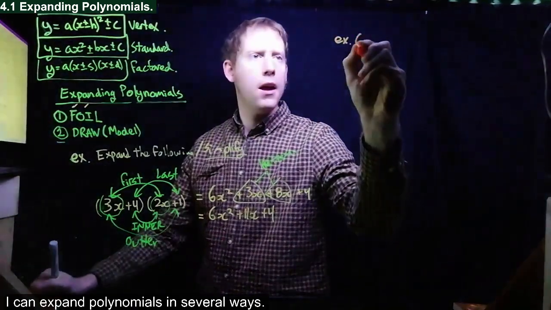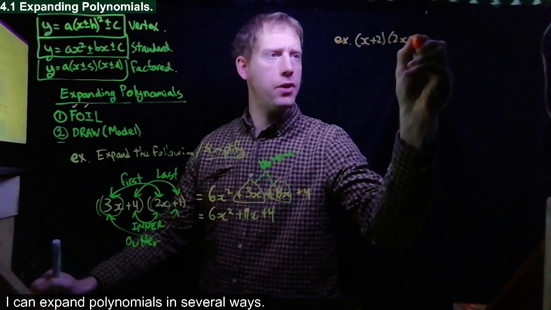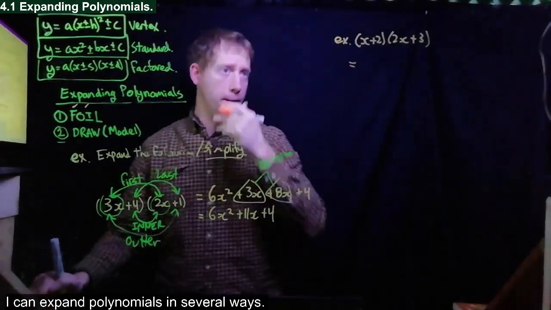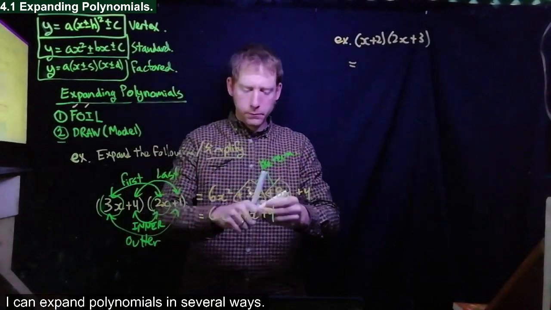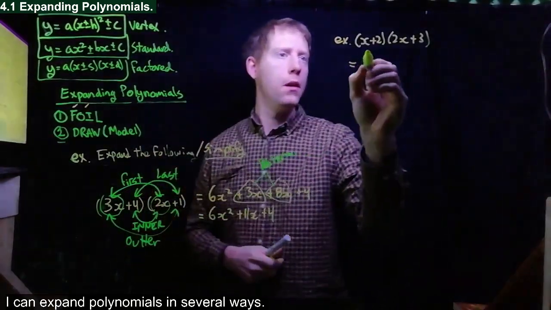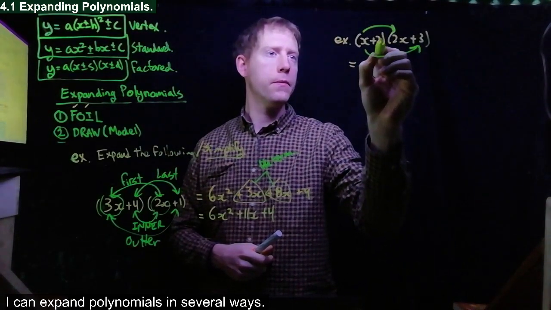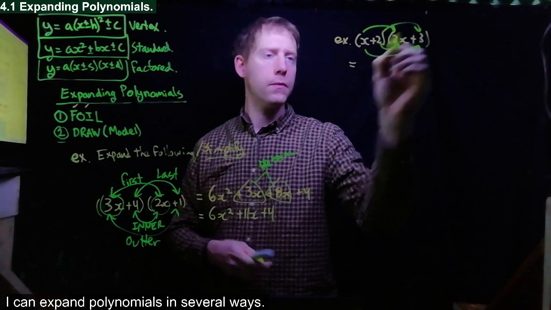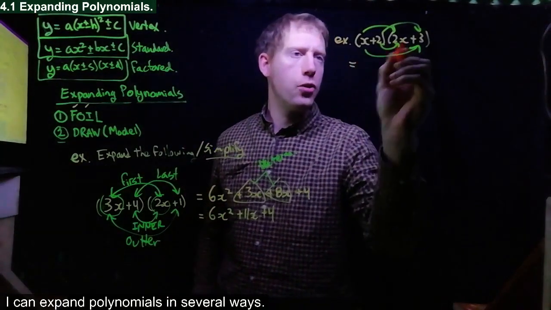Okay? x plus 2, 2x plus 3. Using FOIL, what do we get there, Billy? We get 2x squared plus 3x plus 4x plus 6. So I'll show it all out here.